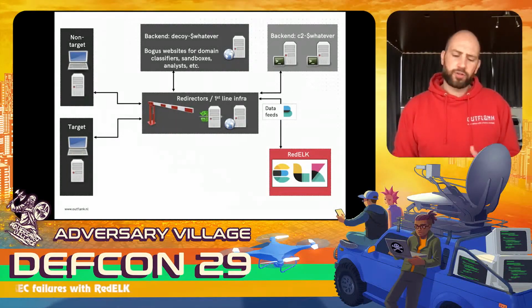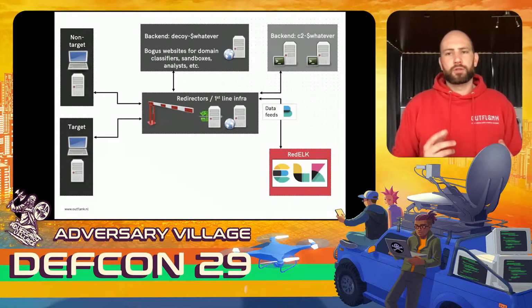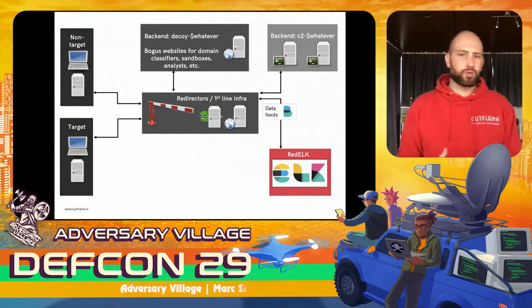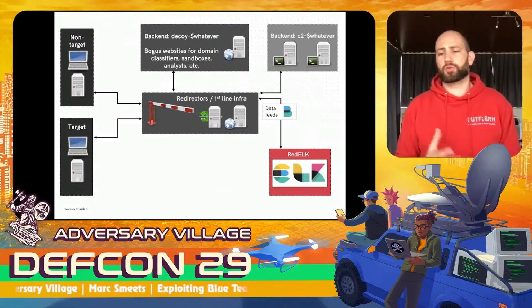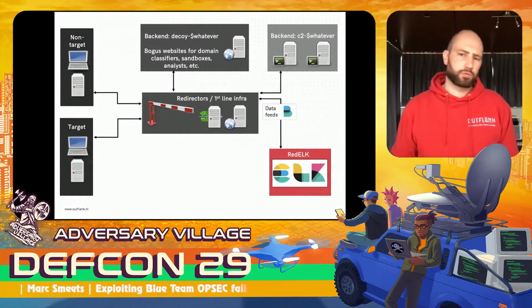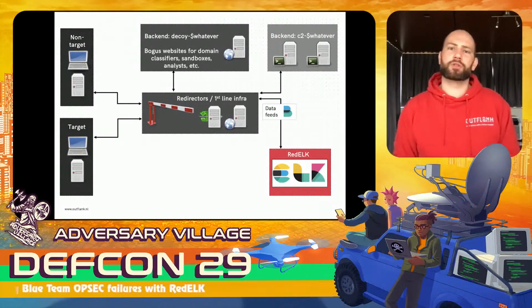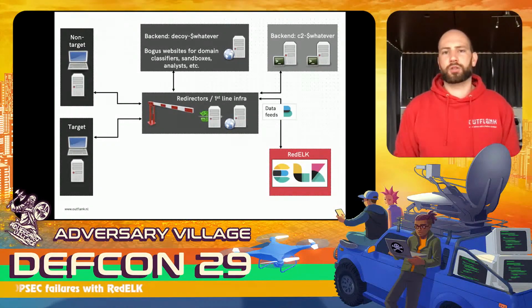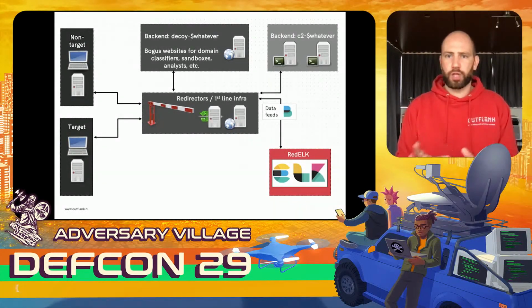But there are also specific requirements for the naming of your backends. RedELK needs to be aware of what is a decoy and what is a C2 backend. So any type of C2 should be named with C2- whatever. Any type of decoy or deflecting should start with decoy- and then whatever. Based on that decision, RedELK will also help you with alarms.